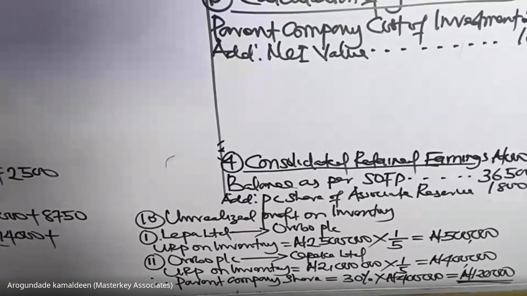Remove 120,000 from the consolidated retained earnings and from investment in associate. It will affect the investment in associate and the parent company retained earnings.